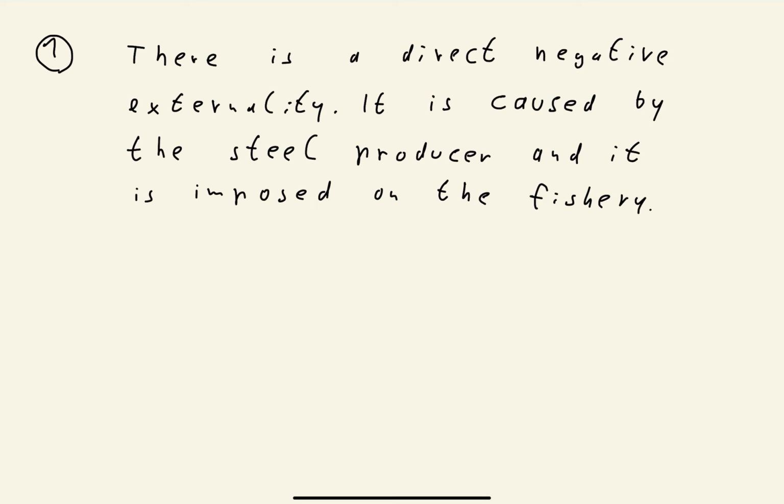So in this economy, there is a direct negative externality, which is caused by the steel producer in the form of pollution, and it's impacting the fishery in a negative way.